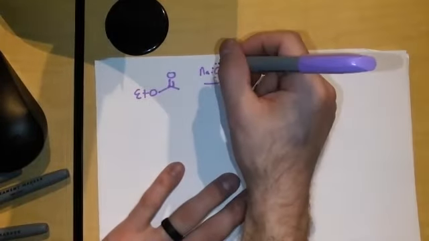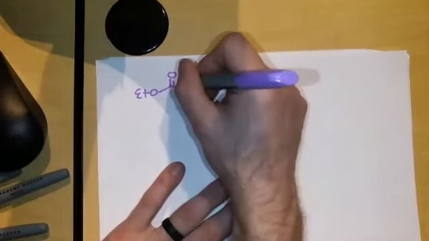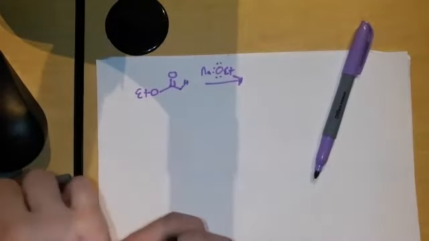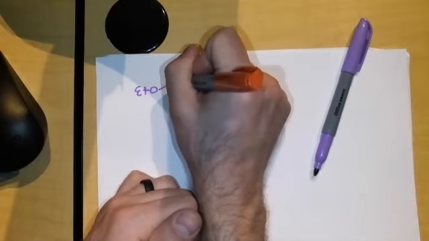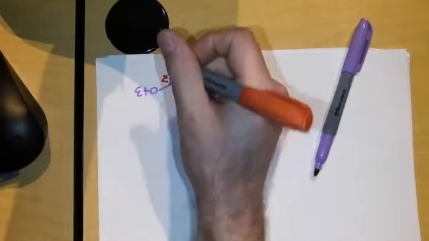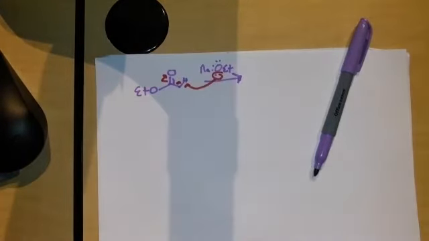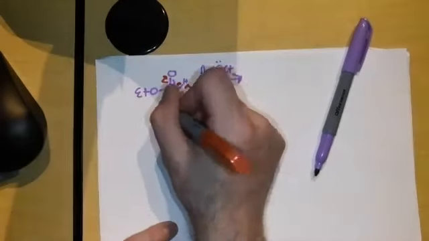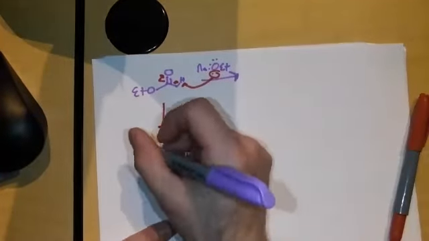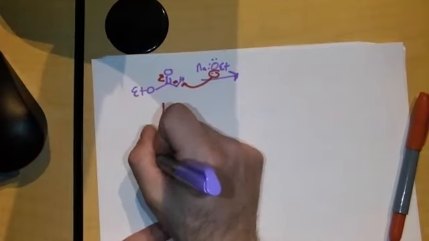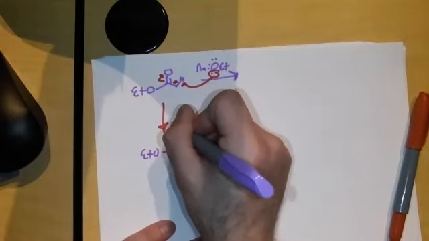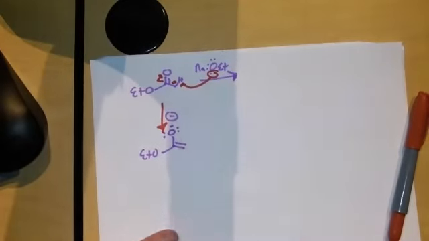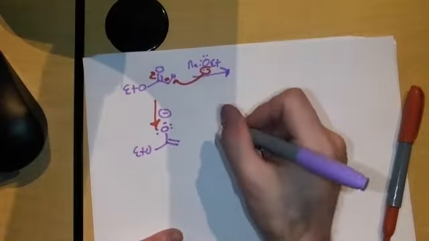So NaOEt will let us pull off a proton in order to generate an enolate. This can attack another equivalent of itself.